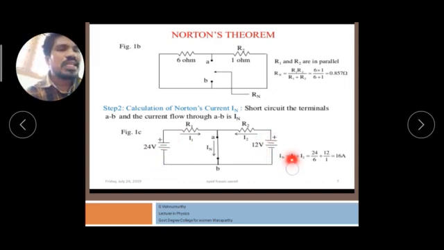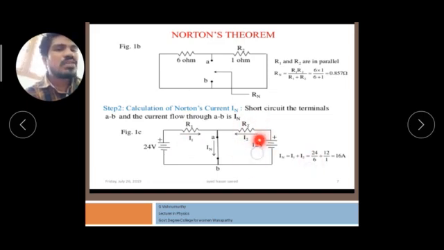Here we calculate I1 and I2 individually. According to Ohm's law, I is equal to V by R. So V is 24 divided by R, 6 ohms, therefore 24 by 6 is I1.